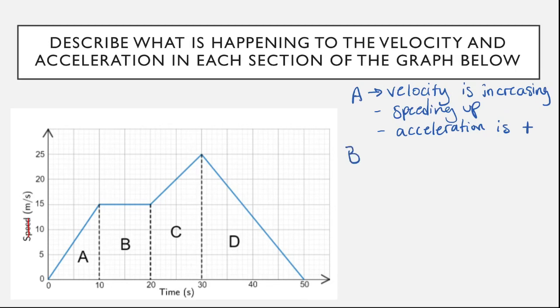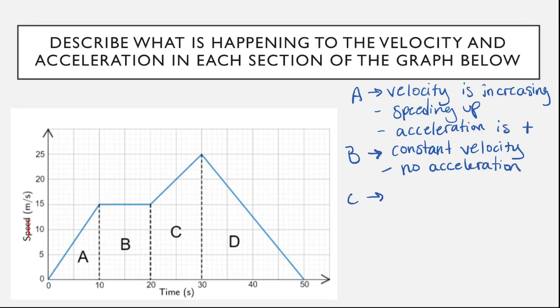Okay, what's happening at B? It's a straight line on a speed time graph. What does that mean? It means it's constant velocity. So this is uniform motion. So we can have both happening on the same graph. So that means that there is no acceleration.